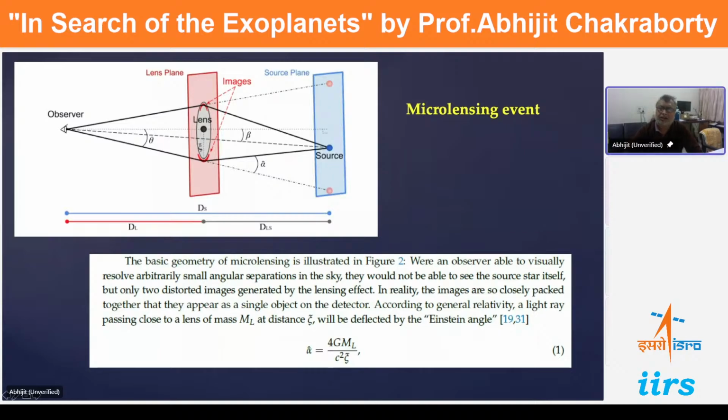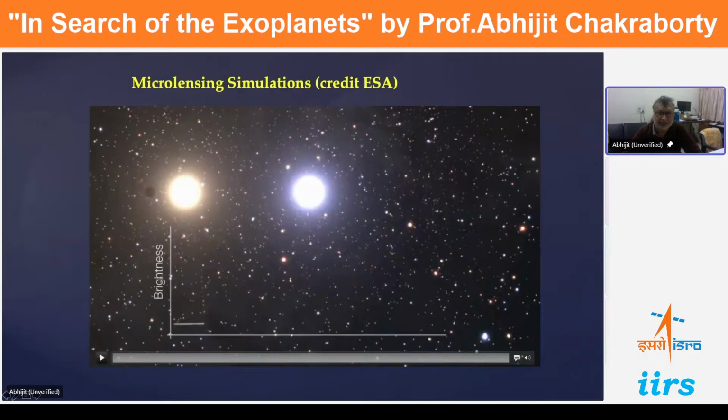Okay. So using this technique, how do you actually determine whether there is a planet around this lens or not? Okay, the idea goes like this. In this video I will show you a background star, this is a foreground star, and this foreground star has a planet around it. So I will put this video.